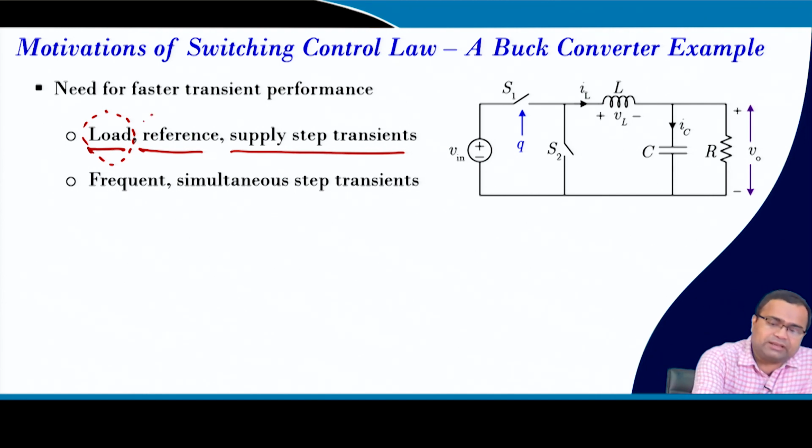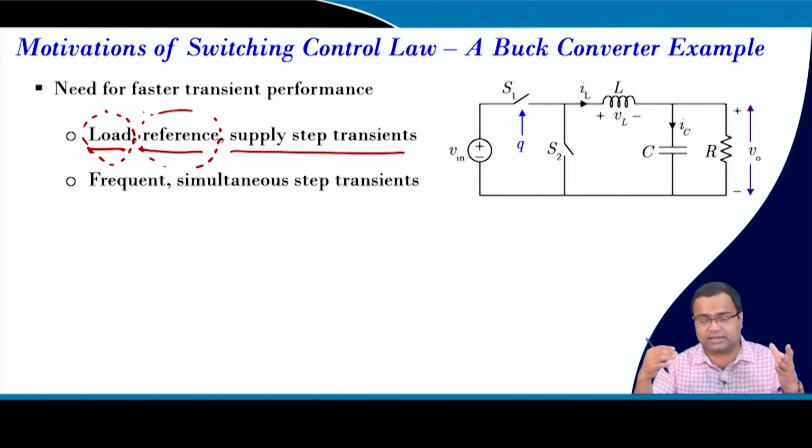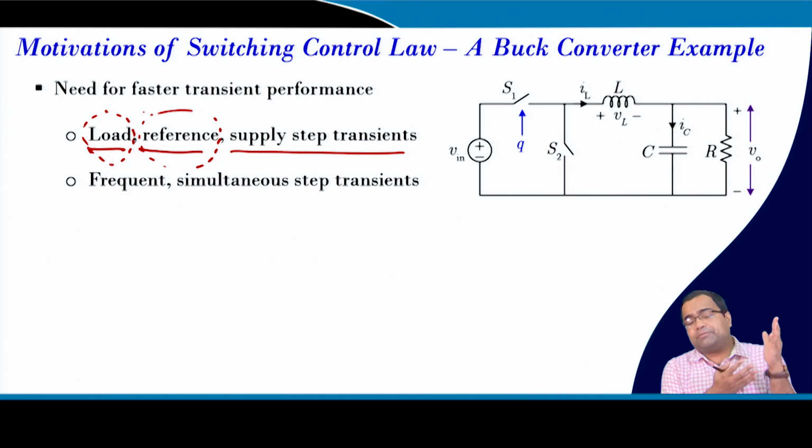If we consider reference voltage transient, there are many applications like dynamic voltage scaling. Even the DC bus voltage, the DC link voltage, if you want to change it, it may be the output of one converter, so that means we need to change the reference voltage.